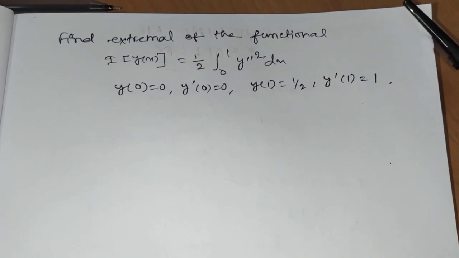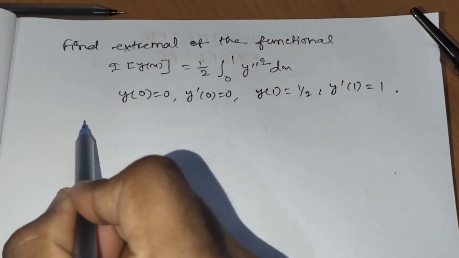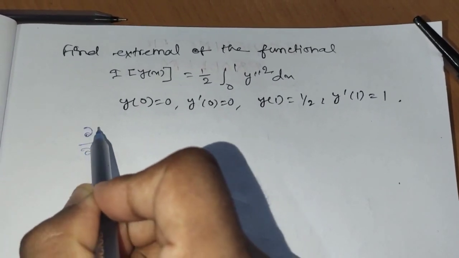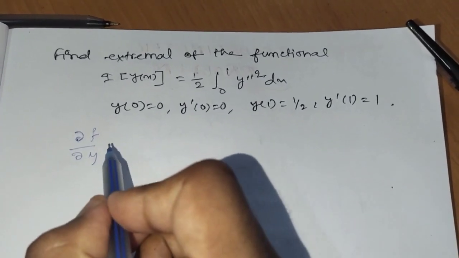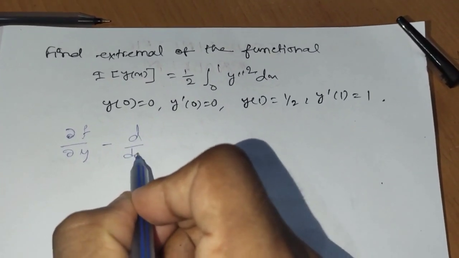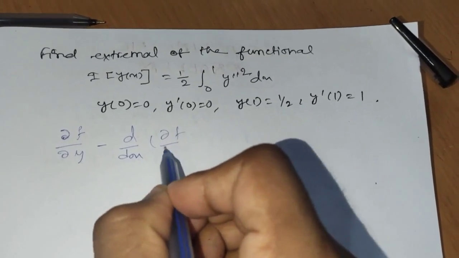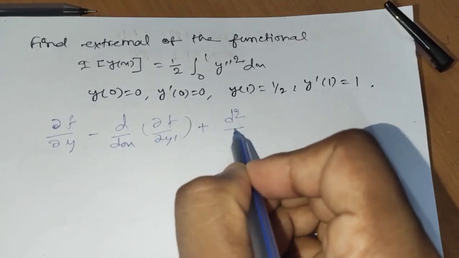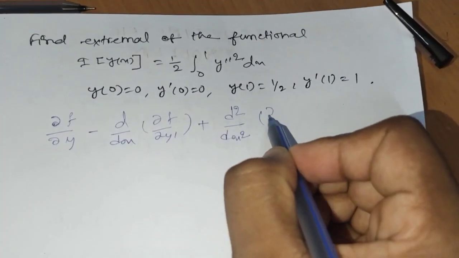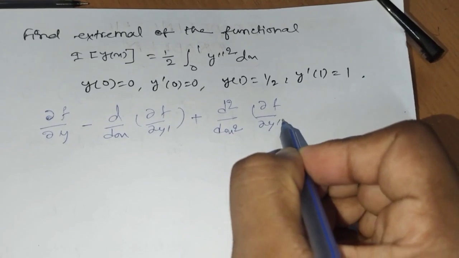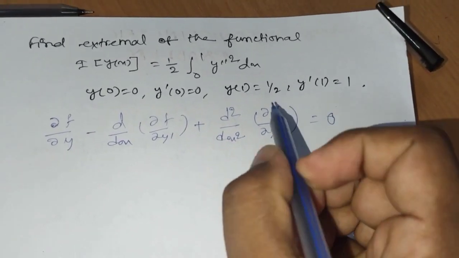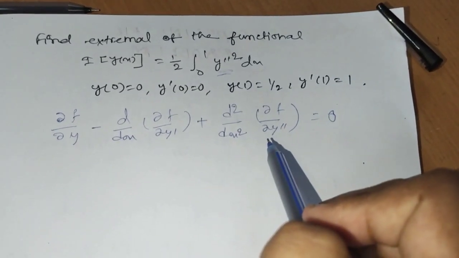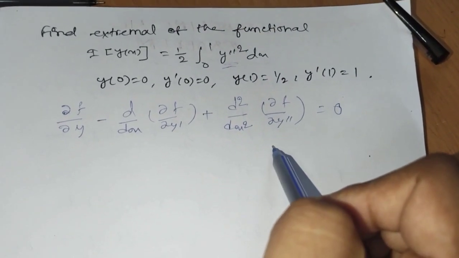We have to use Euler equation, that is del f del y minus d/dx of del f del y dash plus d2/dx2 del f by del y double dash equal to 0, because in the functional the highest order is 2, so we go up to second order derivative.